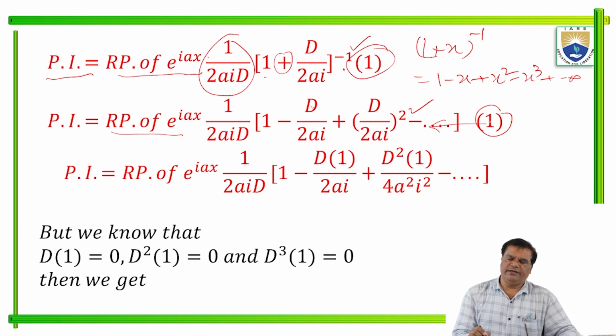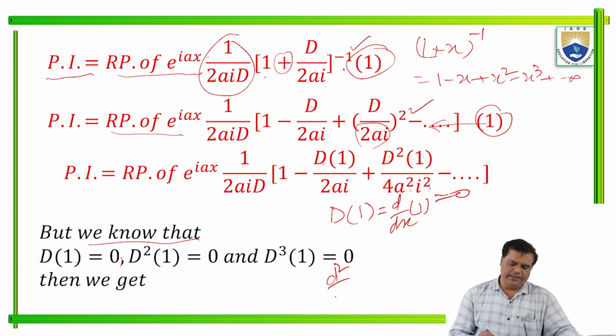When d acts on the function 1, it differentiates to 0: d of 1 is the derivative of 1 with respect to x, which is 0, and d square of 1 is also 0.